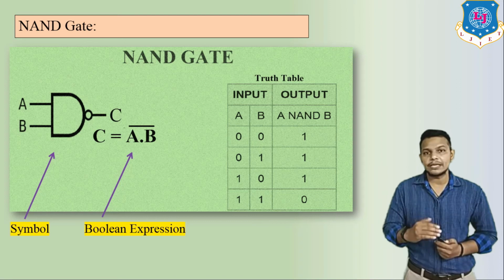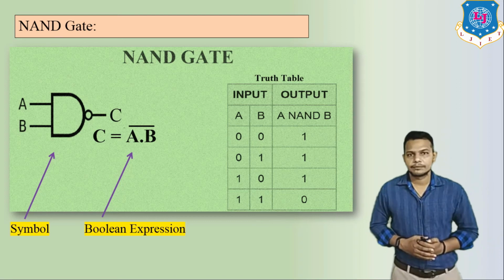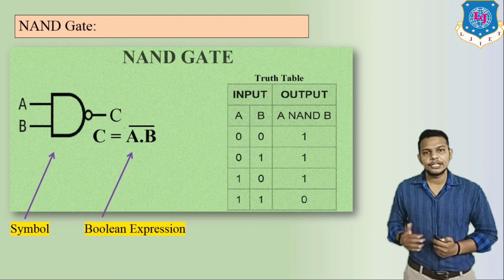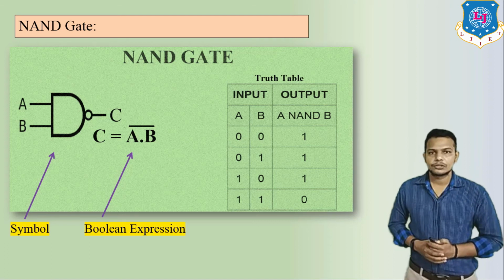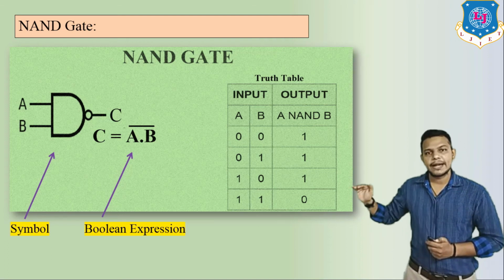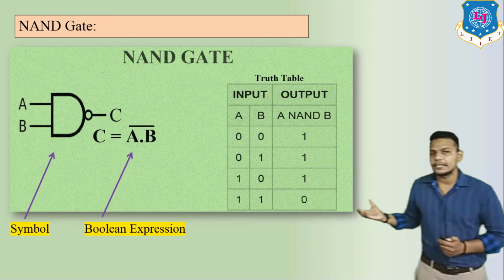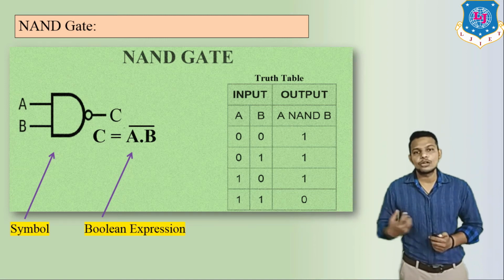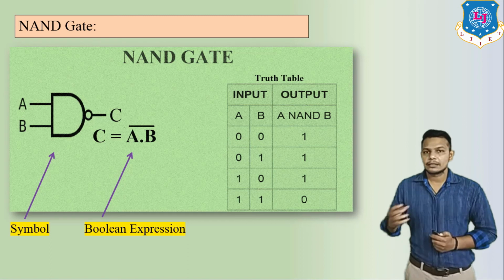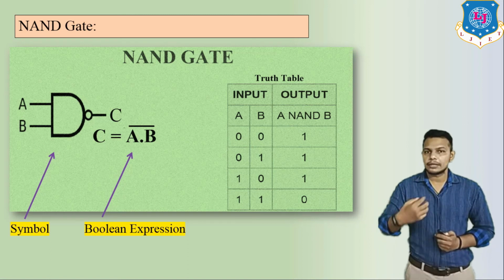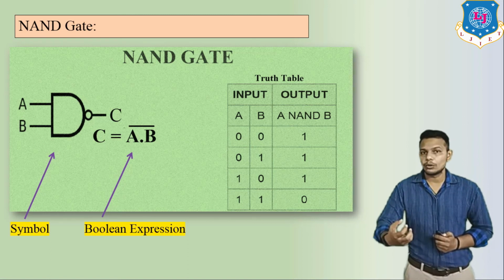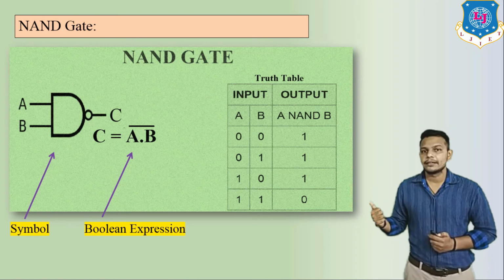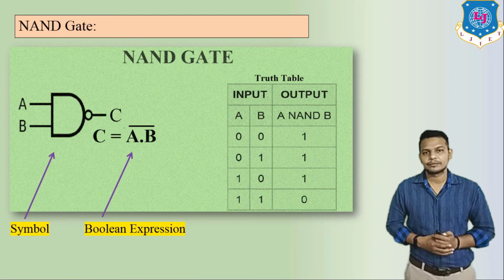So A into B complement, or we can say bar, A into B whole bar. So that means it is the NAND gate. Here we can see this is the truth table of NAND gate. So if I enter 0 0, that in AND gate is 0, but here in NAND gate, that becomes 1.